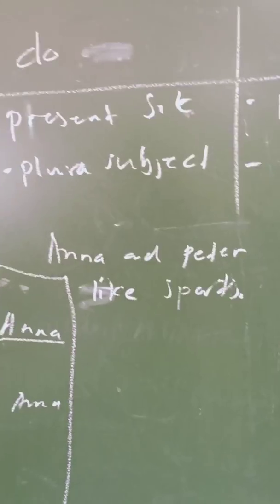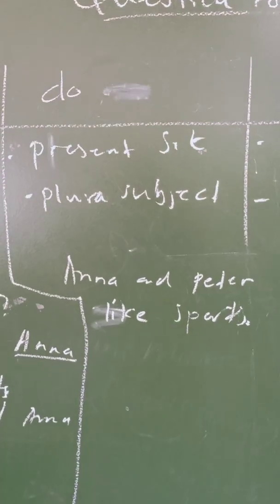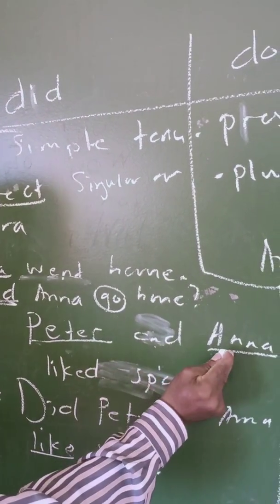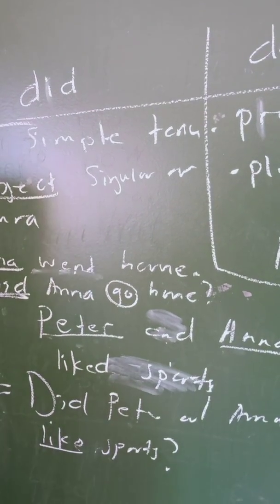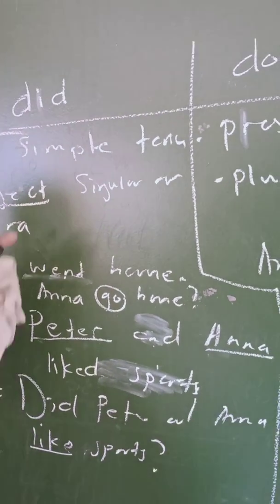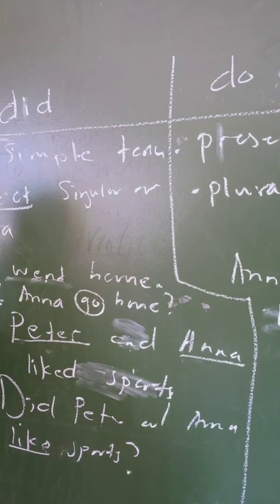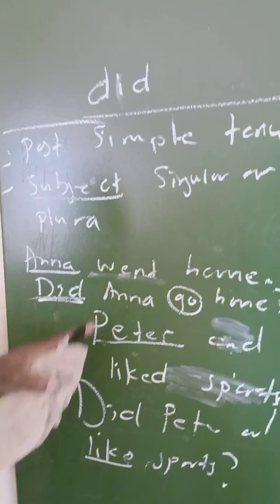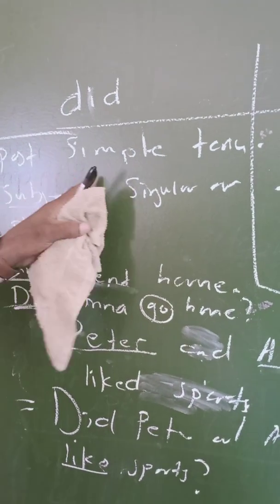Here Anna is the singular subject. Peter and Anna, in this case, the subject becomes plural. You can use did to ask a question if the sentence is in past simple tense and the subject can be singular or plural.